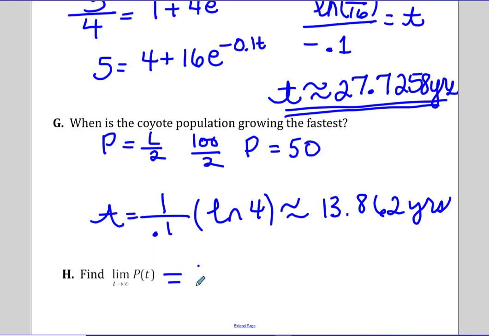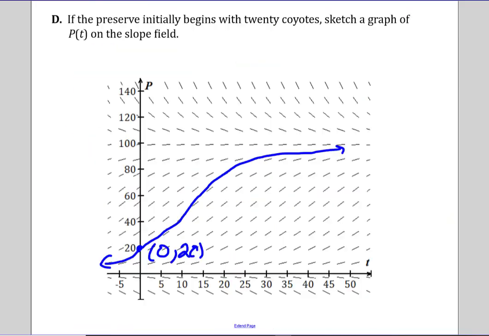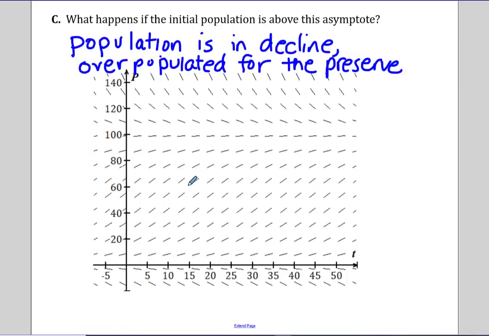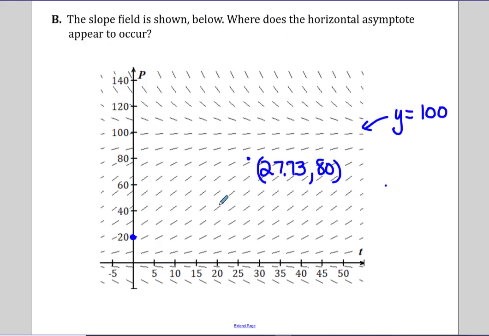And to answer part H, the limiting factor as t goes to infinity is going to be 100. So going back to our graph, we know at 13.86 years, we're growing the fastest right at 50.